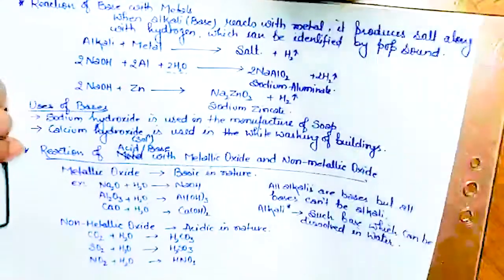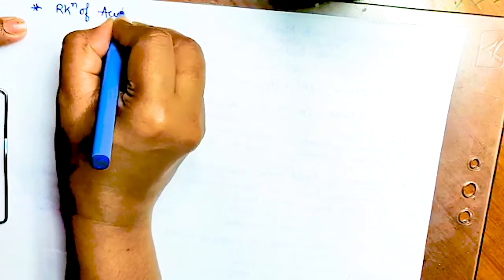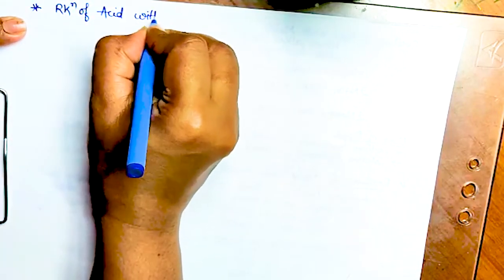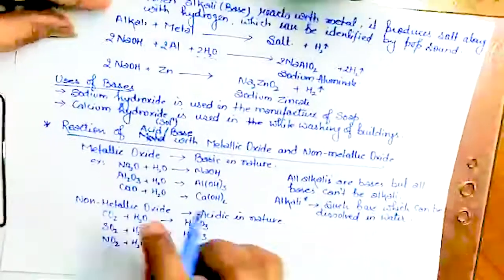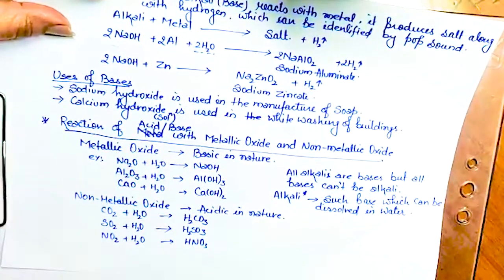Okay, now we'll do the reaction of acid and base with these metallic and non-metallic oxides. So the first heading I am going to do is the reaction of acid with. Now you have to tell me with which it will react, whether it will react with the metallic oxide or with the non-metallic oxide.